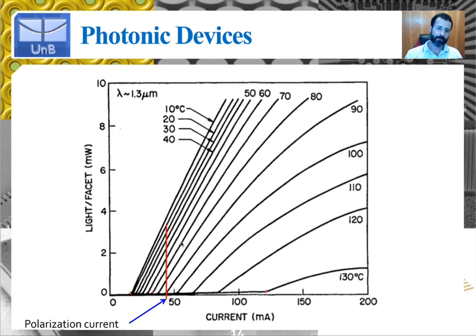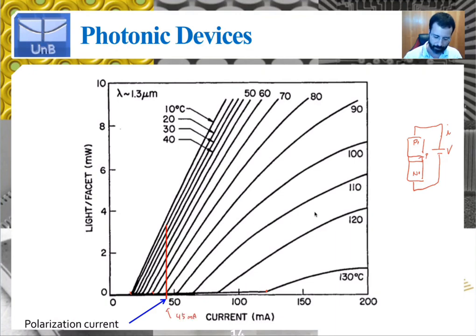So let's say that you have a laser, you have your heterostructure, your PN, with the active layer, which could be a P-type material. You have your laser diode here, and you forward bias it, apply a direct current, and let's say that you polarize it at a current equal to, say, 45 milliamps, right?